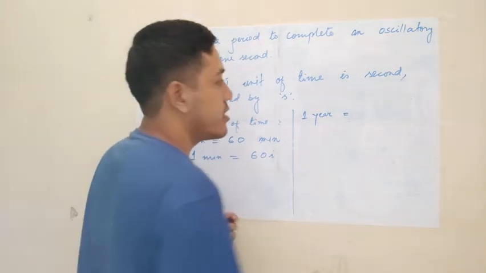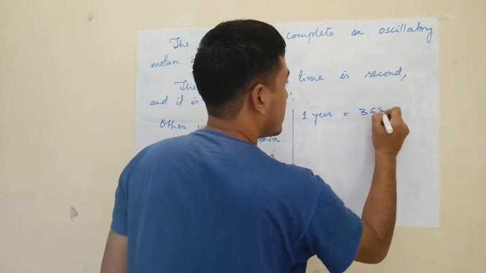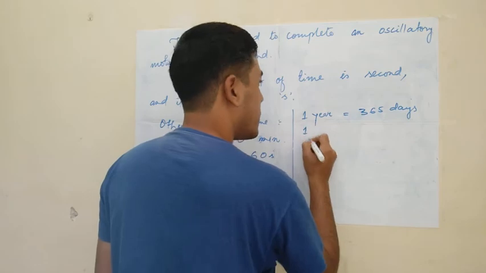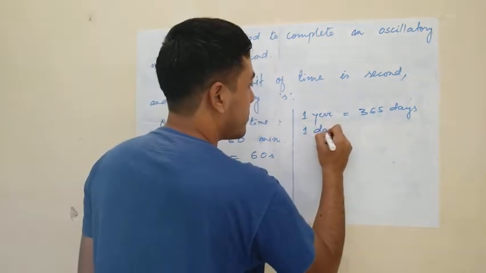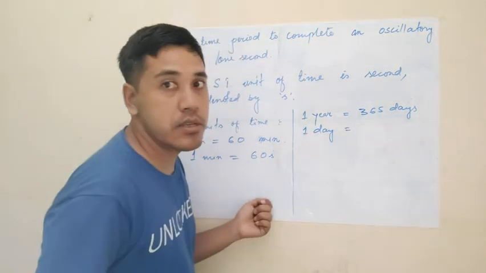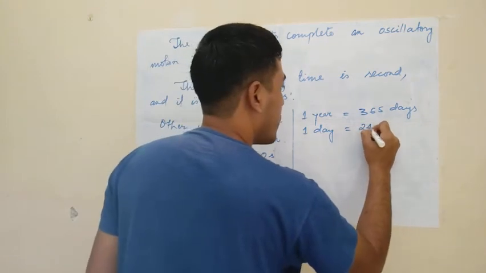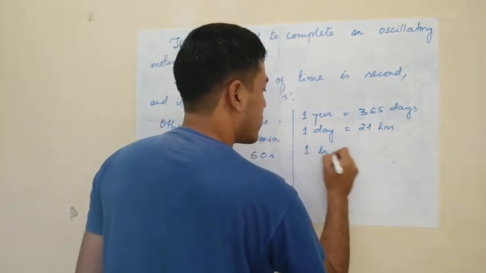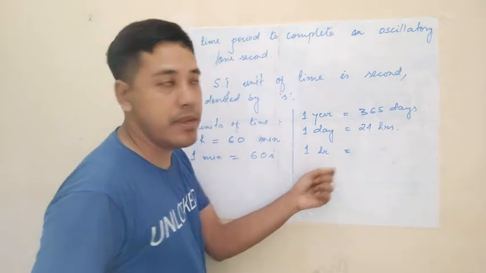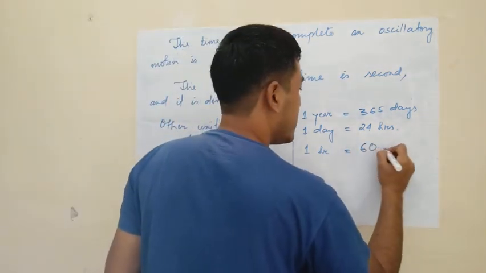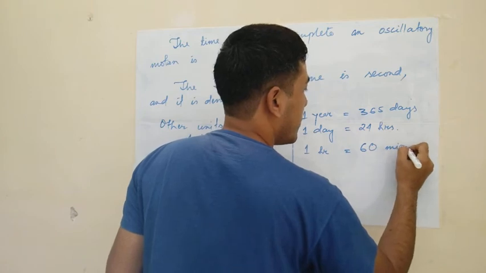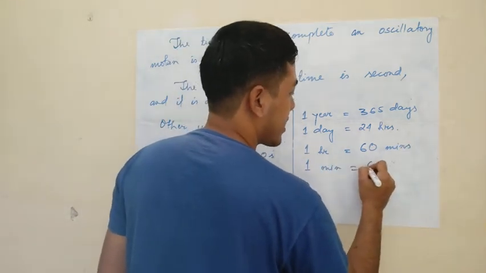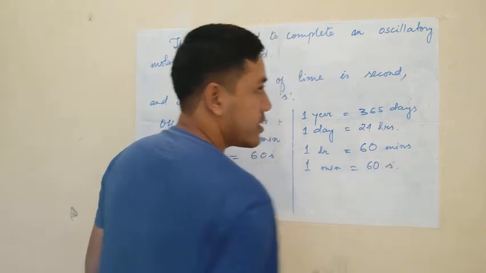Yes, 365 days. 1 day is equal to how many hours? 24 hours. 1 hour is equal to how many minutes? Yes, 60 minutes. And 1 minute is equal to how many seconds? 60 seconds.